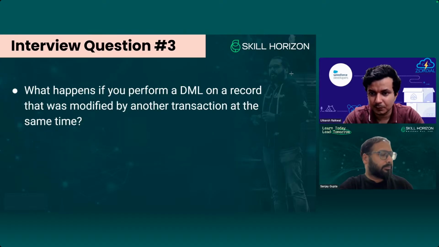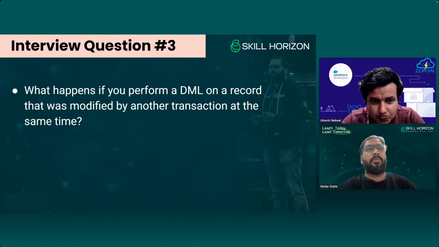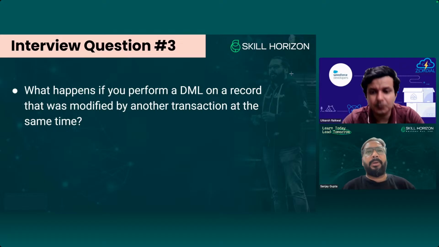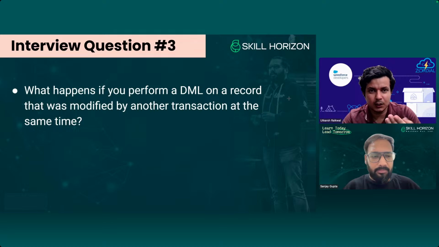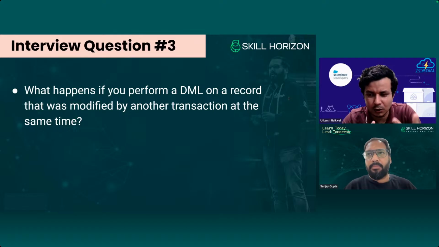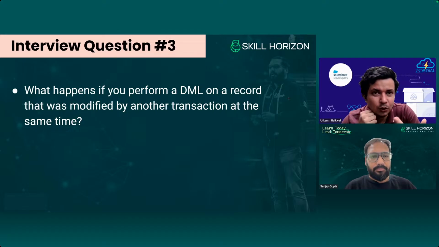Interview question number 3. What happens if you perform a DML on a record that was modified by another transaction at the same time? Okay. So Salesforce follows a row locking system, under which if two users want to update a particular record, one has to wait for the other to complete.